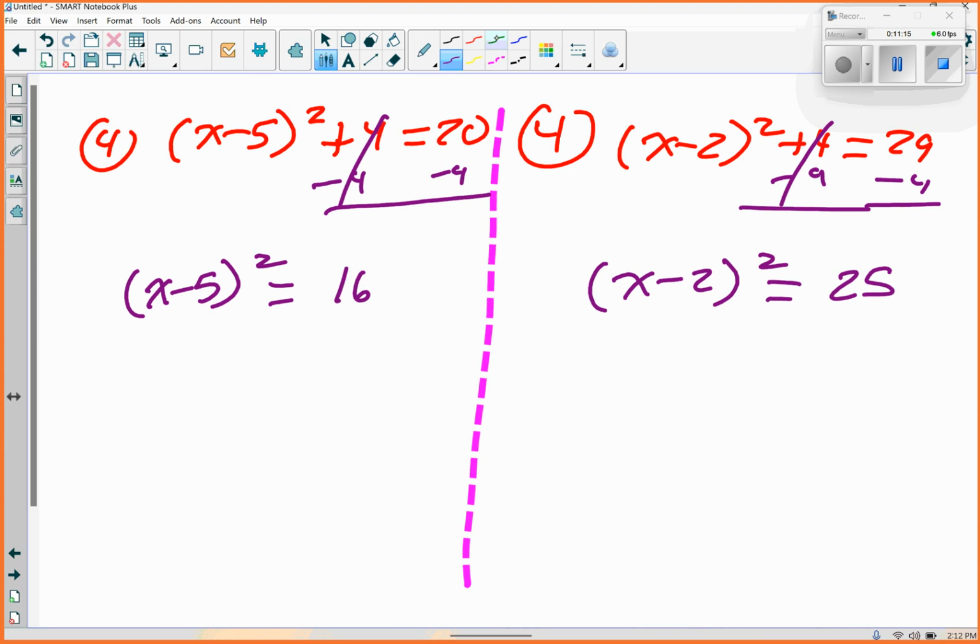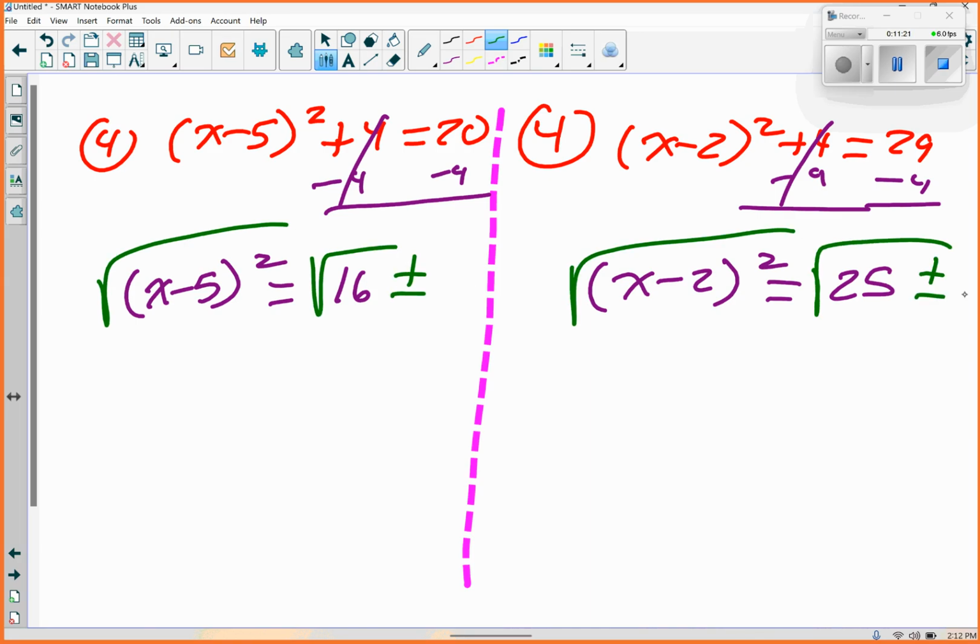So what do I do next? I do root root. Don't forget plus minus. Okay, the square root of a square goes away. What's the square root of 16? 4. Cool. And then this one, what's the square root of 25?